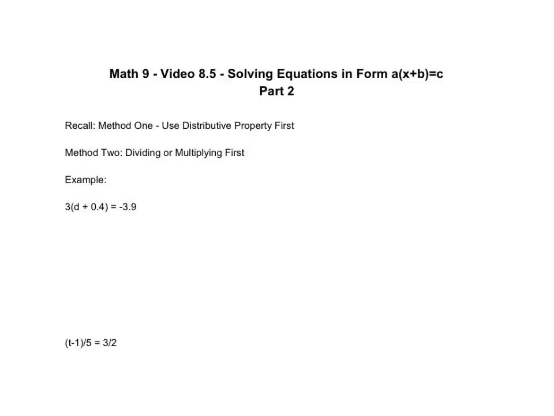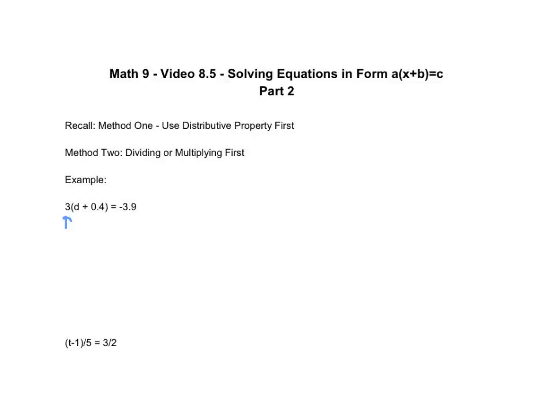Okay, so the first one we've got here, 3 times d plus 0.4 is equal to negative 3. This method looks at this 3 in front, and we recognize that the 3 is being multiplied by both the d and the plus 0.4.